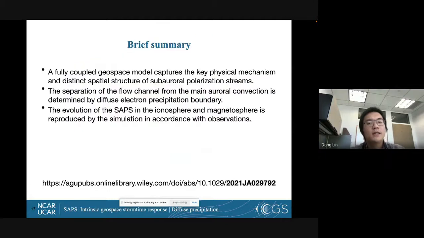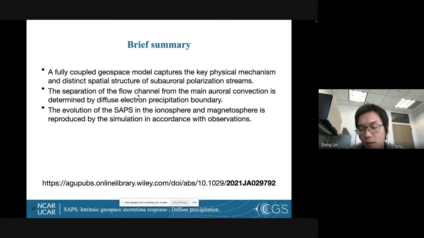As a brief summary, in this study, we have used this fully coupled geospace model, IMAGE, to capture the key physical mechanism in the formation of SAPS, and we have also resolved the very distinct spatial structure of subauroral polarization streams. This is a big advance, especially compared to the previous results we got using the LTR model, for example.